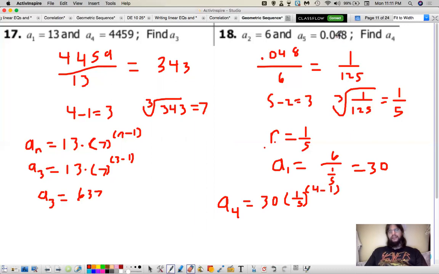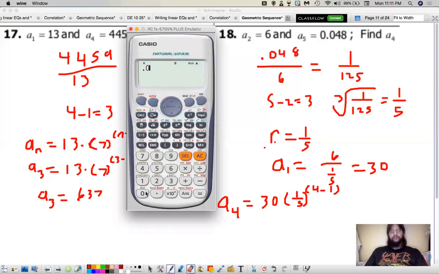Now, we should get the exact same thing if we divide wherever this is by a fifth. So we should get 6 over 25. Let's find out. 30 times 1/5 raised to the 4 minus 1. 6 over 25, what do you know?